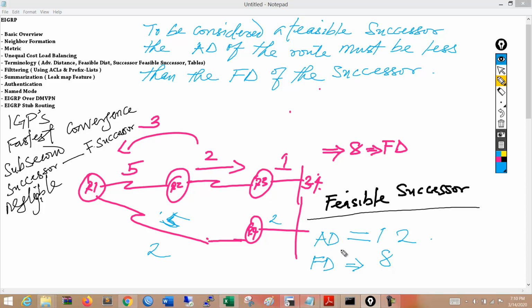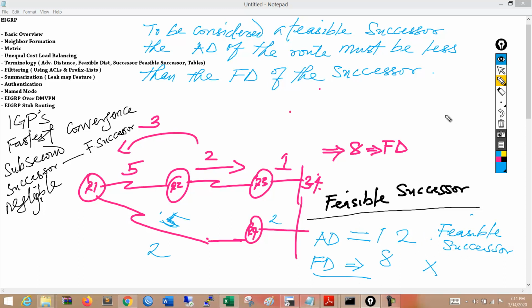Then that route can be considered to become a feasible successor. That means EIGRP will install that route in the routing table, and if the best route goes down, in any scenario that it goes down, the feasible successor is immediately put into the routing table, and that link is utilized in forwarding.